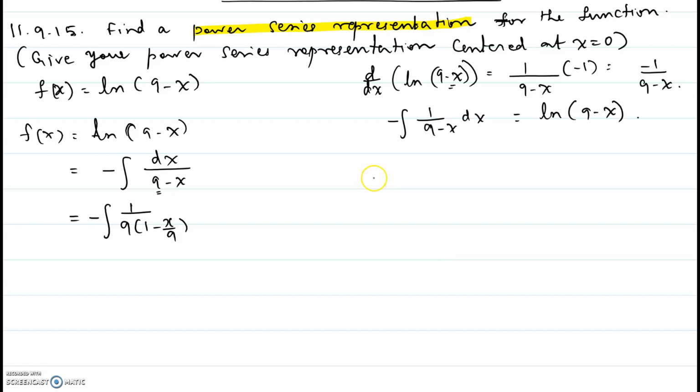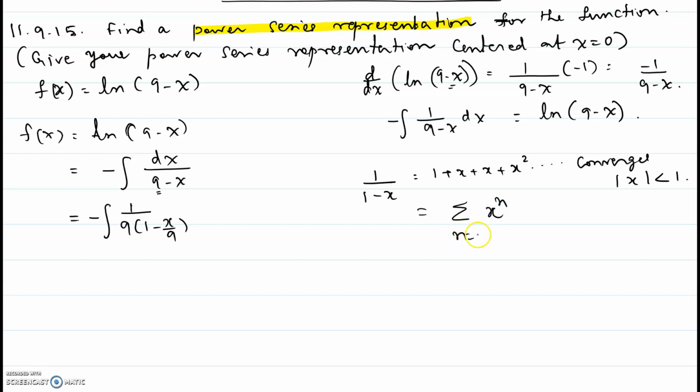Now we also know on the side that 1 over 1 minus x is nothing but the geometric series 1 plus x plus x squared and so on, which converges when absolute x is less than 1, or the common ratio is less than 1. This power series can be written as the sum of x to the power n, n varying from 0 through infinity, the common ratio to the power n, because the starting term is 1.